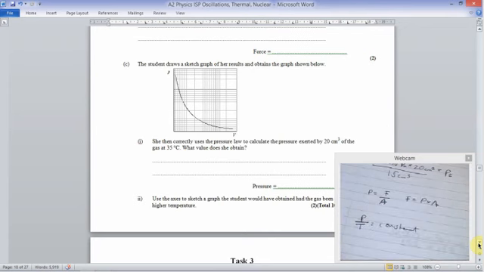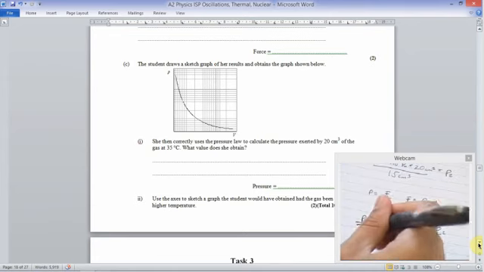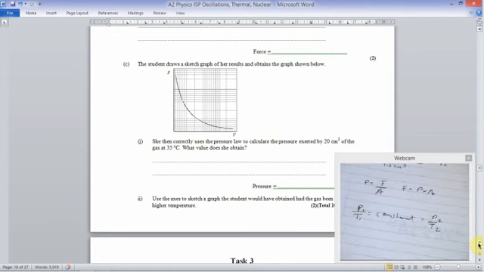Just like before, pressure before over temperature before must equal pressure afterwards over temperature afterwards. You sub in the values that you have.